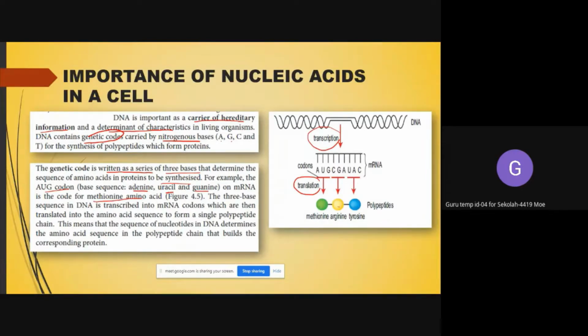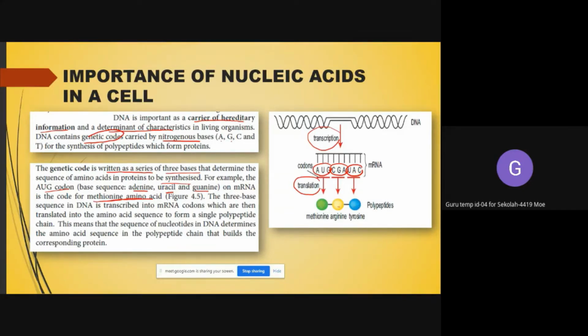Genetic code hanya ada 3 base. Dekat mRNA ni dia ada codon, so ada 3 base kat sini, AUG. AUG ni adalah code for methionine amino acid. CGA ni code for arginine amino acid. UAC ni code for tyrosine amino acid.